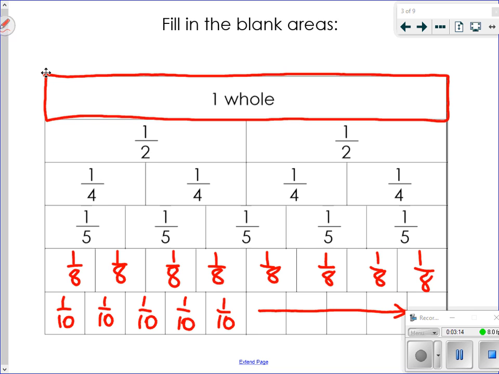If I were going to write the equivalent fractions, I would say 1 is equivalent to 2/2, which is equivalent to 4/4, which is equivalent to 5/5, which is equivalent to 8/8, which is equivalent to 10/10.